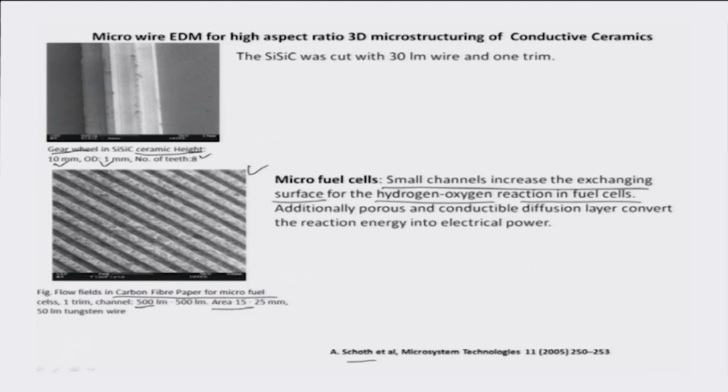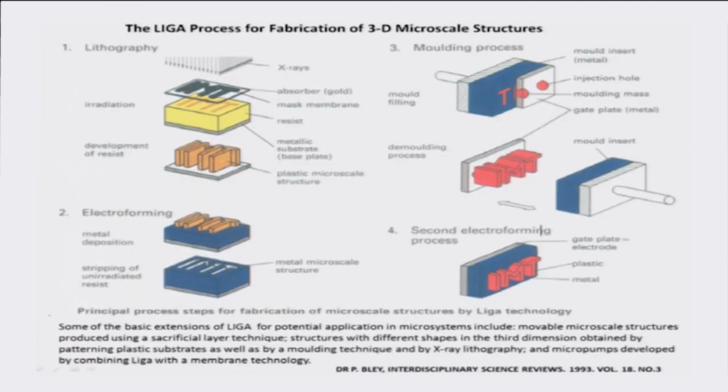Area is only 15 to 25 millimeters square. And the tungsten wire that is used in these applications is only about 500 micrometers in diameter. So that's again another very good illustration of what micro wire EDM can do.